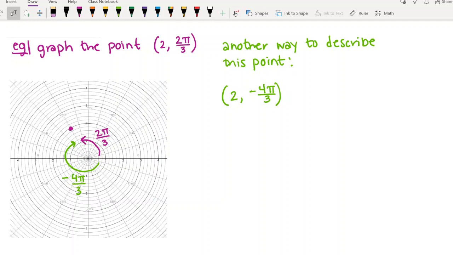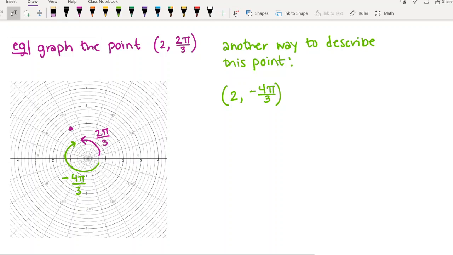When you're graphing a point in polar coordinates, you really just care what direction that angle is pointing in. You could come up with other coterminal angles, like 2 pi over 3 plus 2 pi, which gives 8 pi over 3. So you could also say 2 comma 8 pi over 3. That would also work.